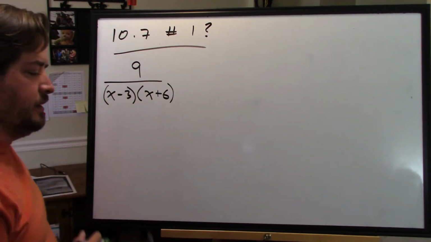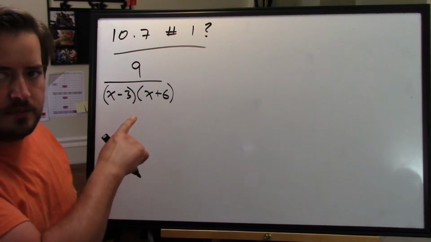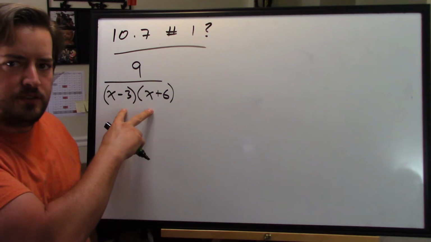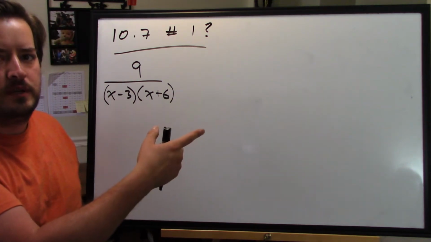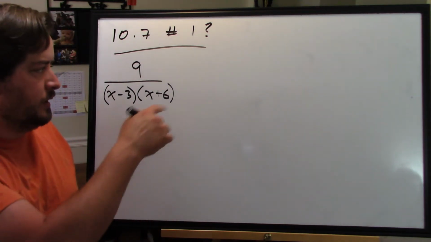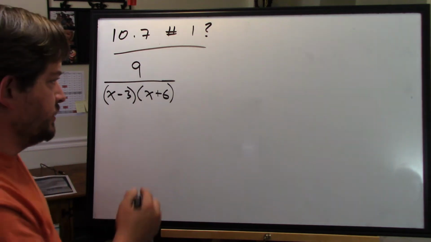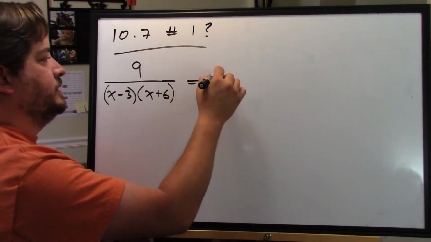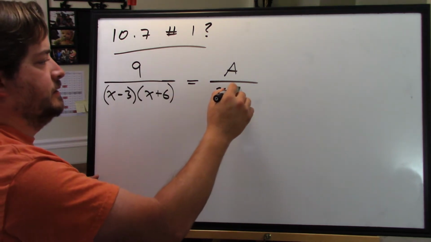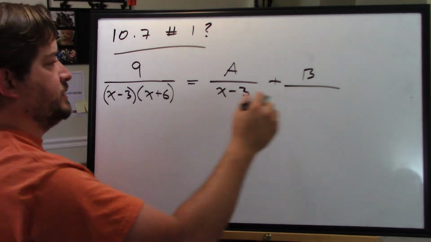The idea in partial fraction decomposition is to take a fraction like this, where the denominator has factors, and turn it into the smaller pieces that were added before we had it in a common denominator, so to speak. So this is going to turn into some number over the one factor of x minus 3, added to some number over the factor of x plus 6.